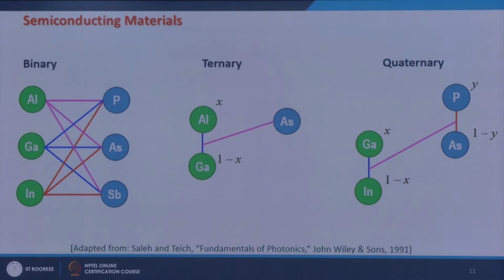This is a ternary semiconductor. You can also have 2 from the third group and 2 from the fifth group. So, x fraction of this and 1 minus x fraction of this from the third group, and y fraction of this and 1 minus y fraction of this from the fifth group. Then I can make what are known as quaternary semiconductors.